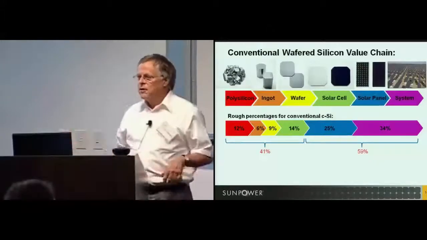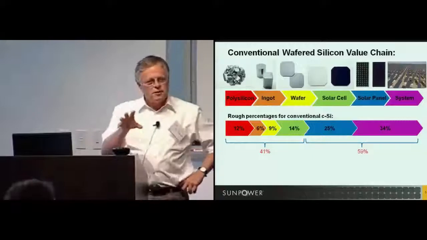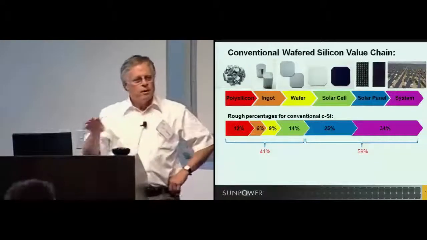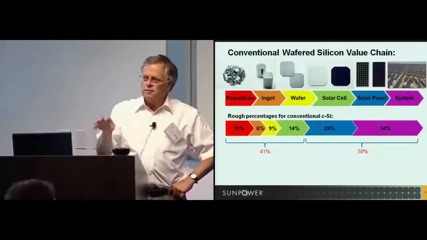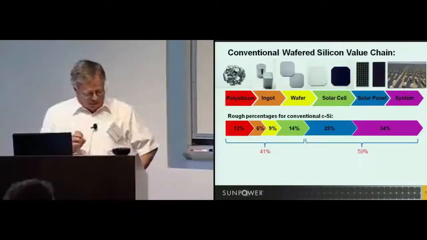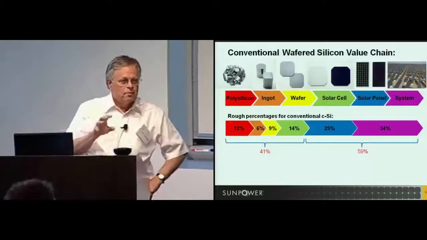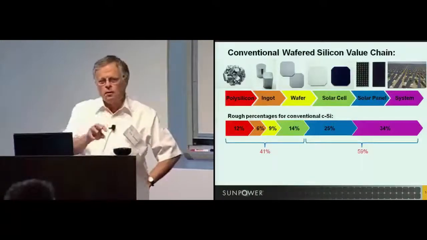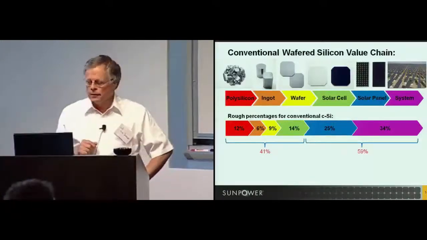It's just not there. So where the margin is in a business like this moves around as the relative strengths of the various players down the value chain change. But the fundamental thing is you can't make the overall cost. So you should look at cost at each thing coming down here.